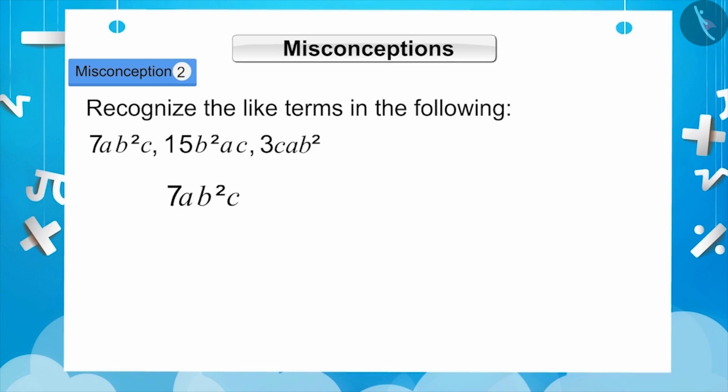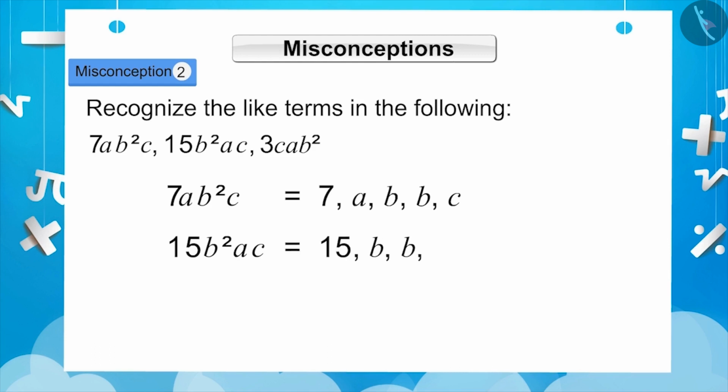In the given terms, the factors of 7ab^2c are 7, a, b, b, c. And the factors of 15b^2ac are 15, b, b, a, c. And the factors of 3cab^2 are 3, c, a, b, b.